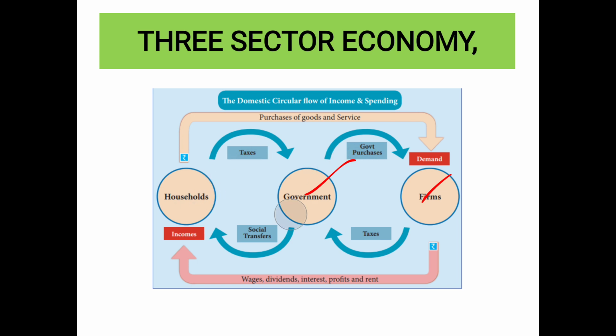There is only a slight difference between the three-sector model and the four-sector model. In the three-sector model, you do not have a circle for the rest of the world, which will be written in the four-sector model. So under the three-sector model, we have only household, government and firms.